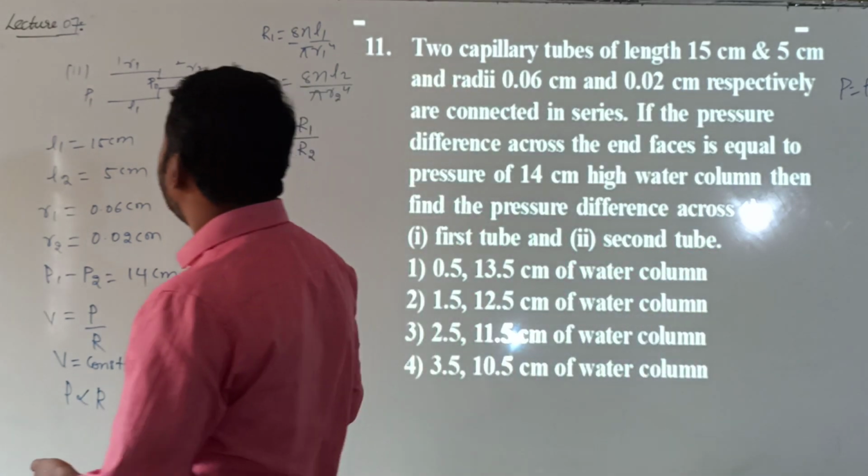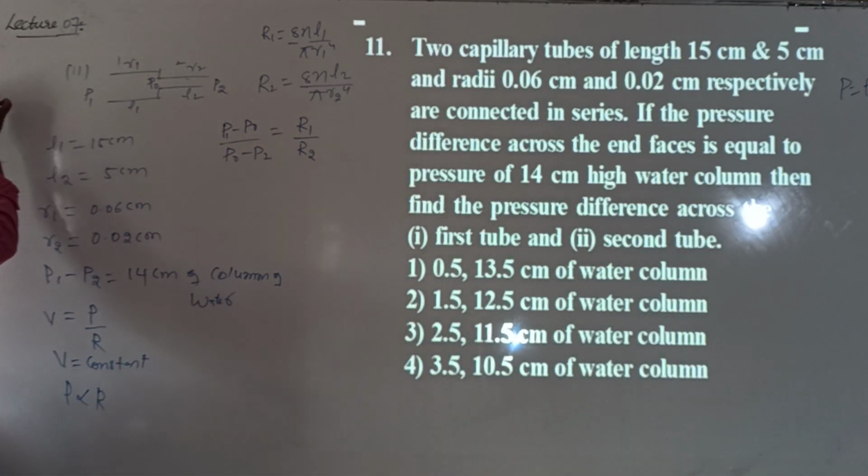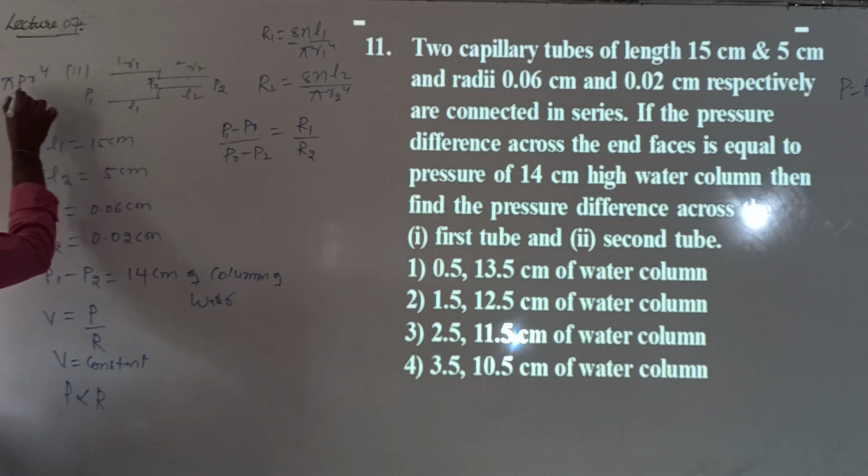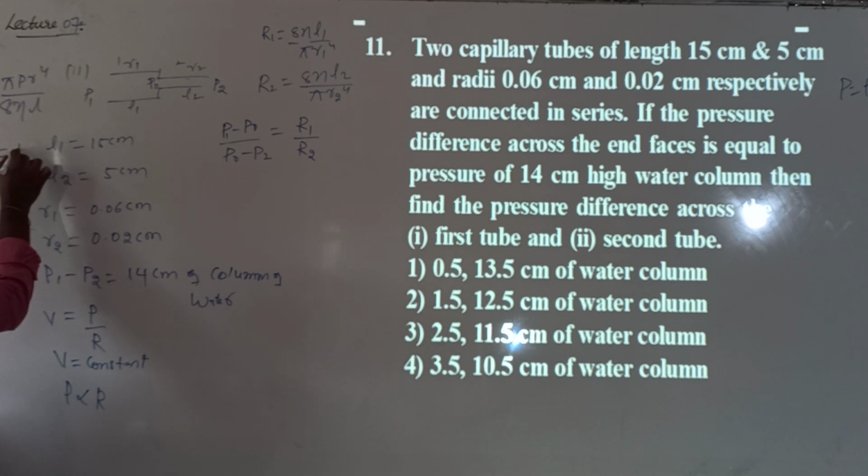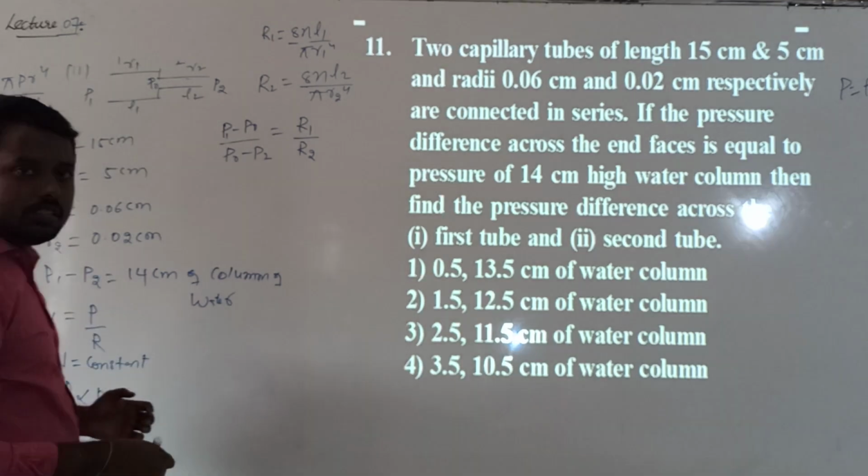We have written this R value by using the Poiseuille equation. What is the Poiseuille equation? V is equal to pi P r power 4 by 8 eta L. We have written it as V is equal to P by R, so R is 8 eta L divided by pi r power 4. Correct? This is called fluid resistance.